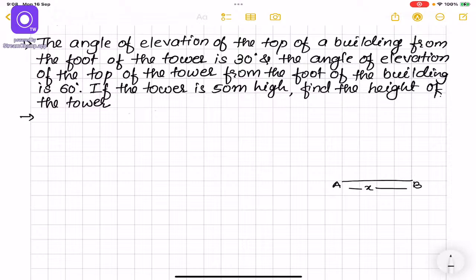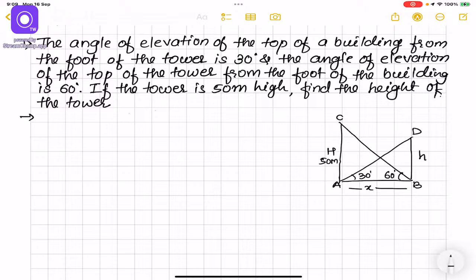The tower is 50 meter height. So now this angle is 30 degree, this angle is 60 degree. So let this side be h and this capital H. Now capital H is equal to 50 meter because it is already given. So I have taken ABCD.